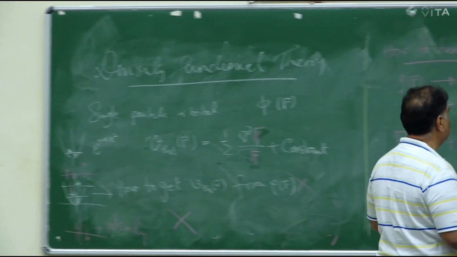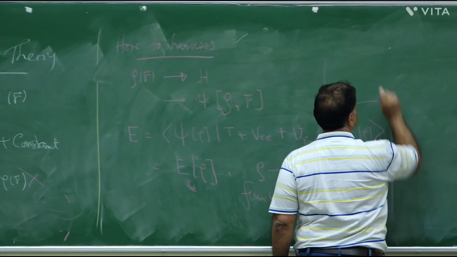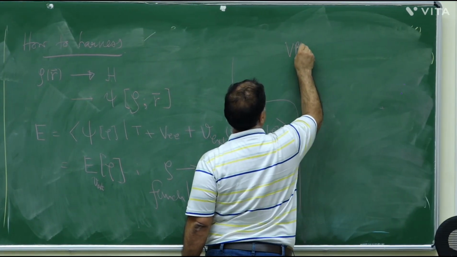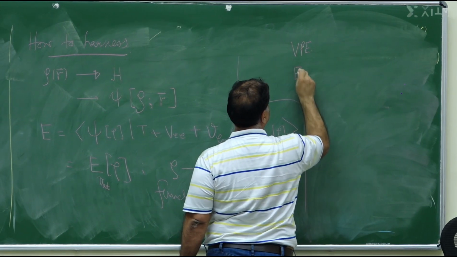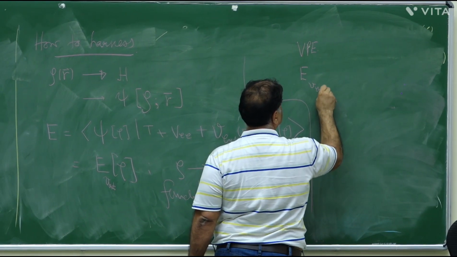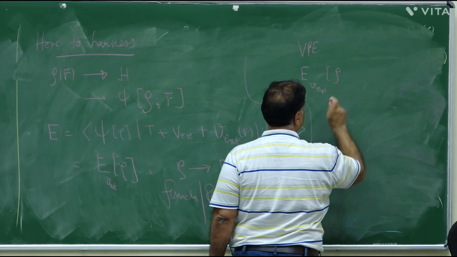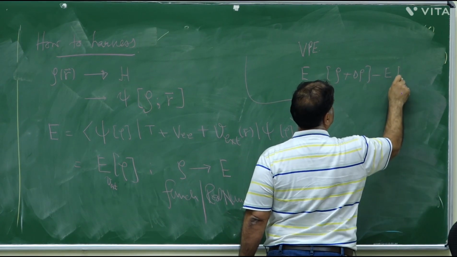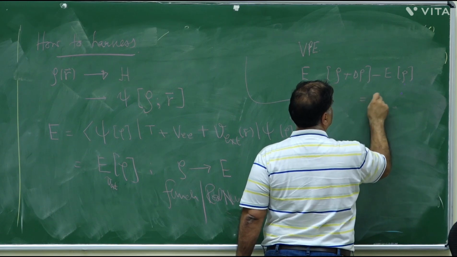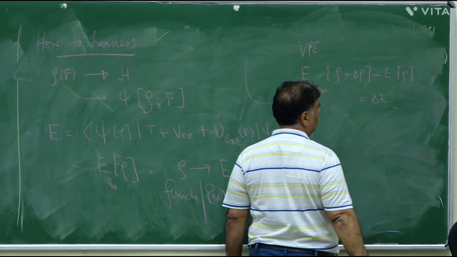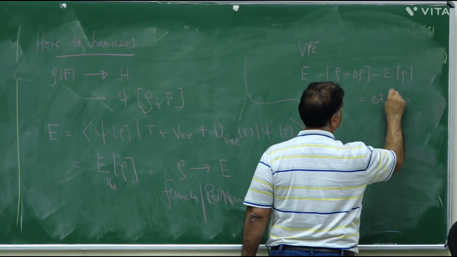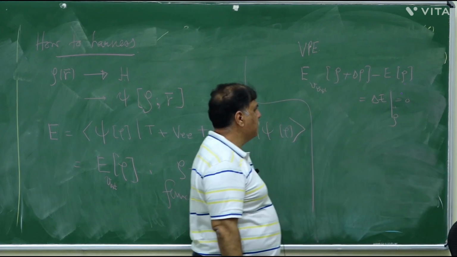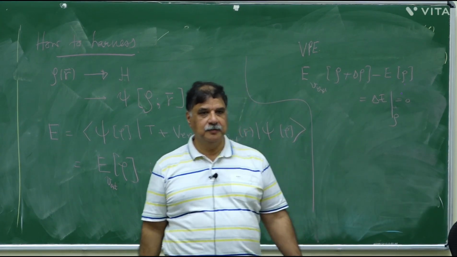And then you can also show the variation principle for the energy. That means if for the corresponding V external I have the density rho, if I vary and calculate this, delta E, okay? This is 0 at the corresponding ground state.